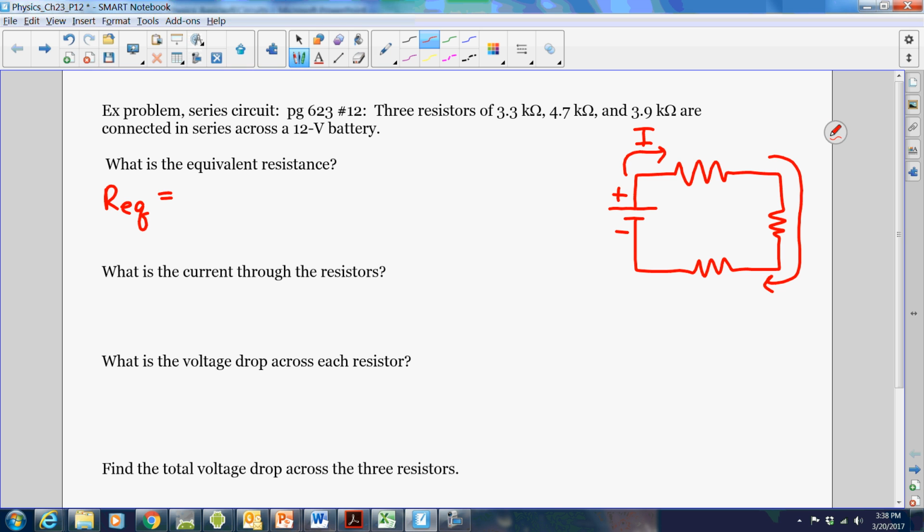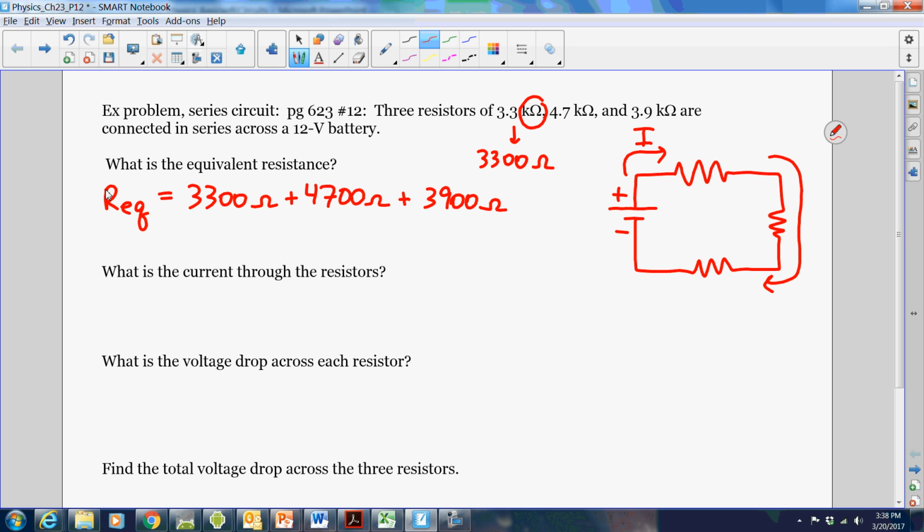So we get to add them up, and notice these units are in kiloohms, and we don't like that. So we're going to change that to regular ohms. So you would just add up these 3,300 ohms plus 4,700 plus 3,900.